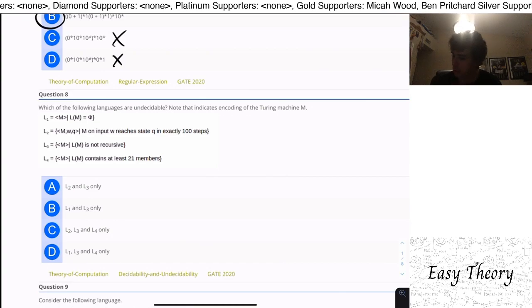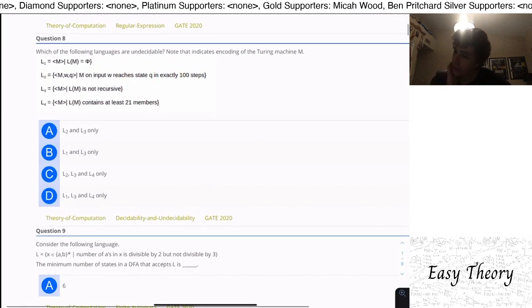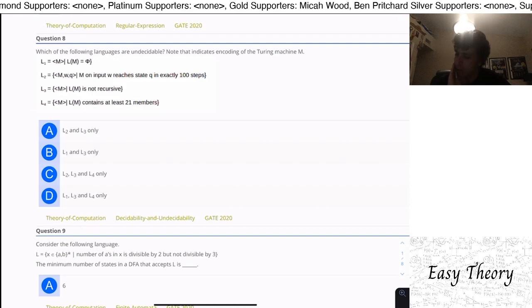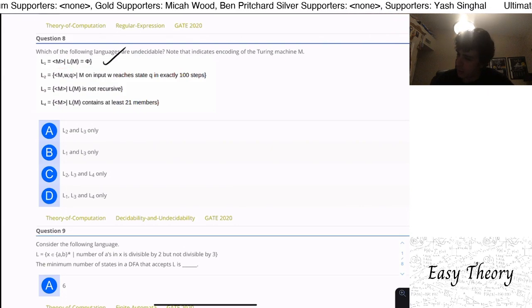We did this one too. We did a lot of the early ones, the 2020 ones, it looks like. So which of these are undecidable? So this one is E_TM, so that one's undecidable. This one is not undecidable because it reaches state Q in exactly 100 steps. So what you can do is just simulate it for that long.